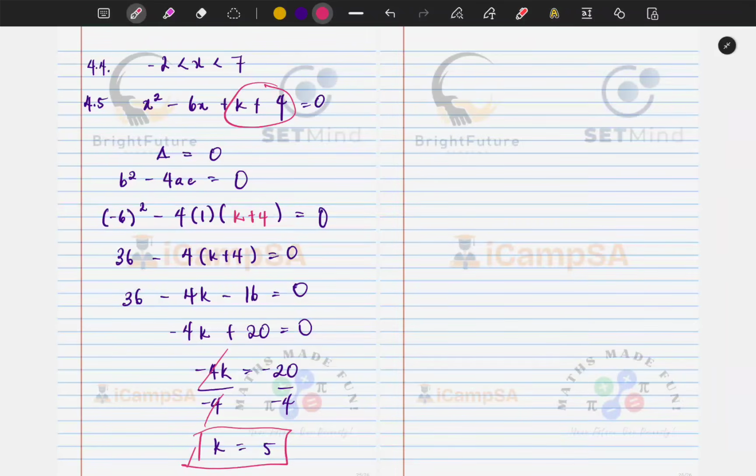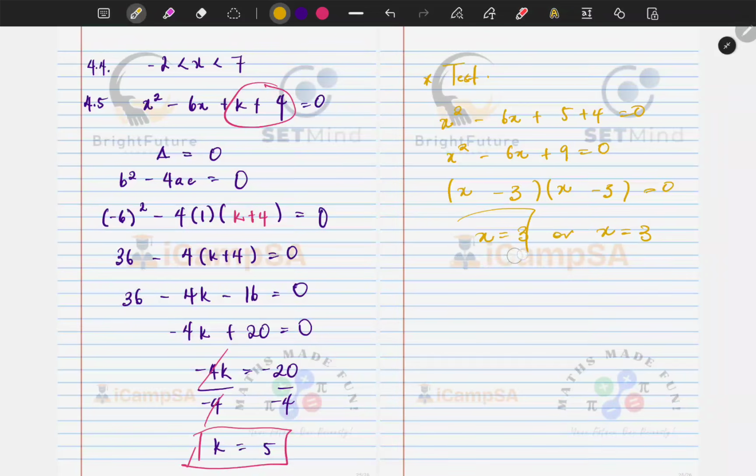So this is the value of k that will make us have two equal roots here. You can even test this for interest's sake. So you are going to have x squared minus 6x plus 5 plus 4 equals 0, and then x squared minus 6x plus 9 equals 0. Remember, roots are just values of x, so x equals 3, or x equals 3.